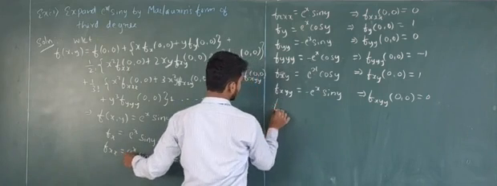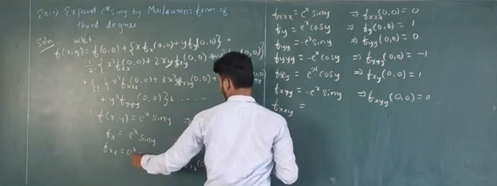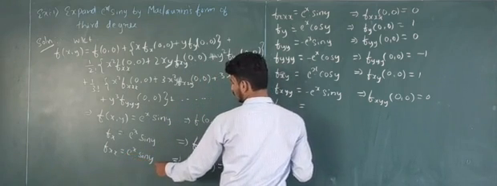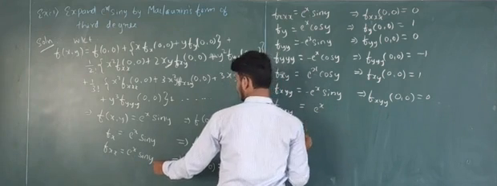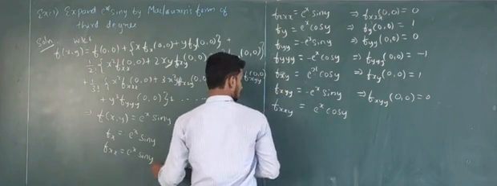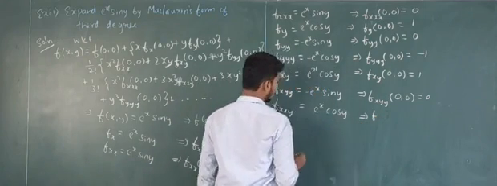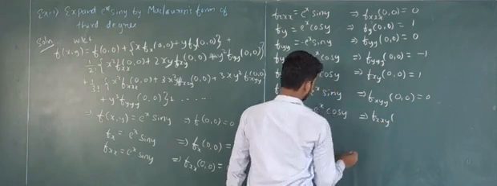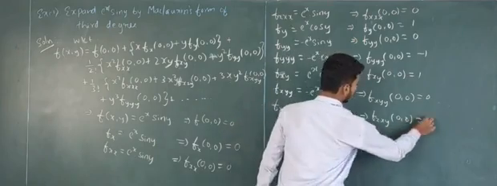If you differentiate this with respect to y, the differentiation of sin y will be cos y, that is e raised to x cos y. So we can write it as f of 0 comma 0, this will be 1.